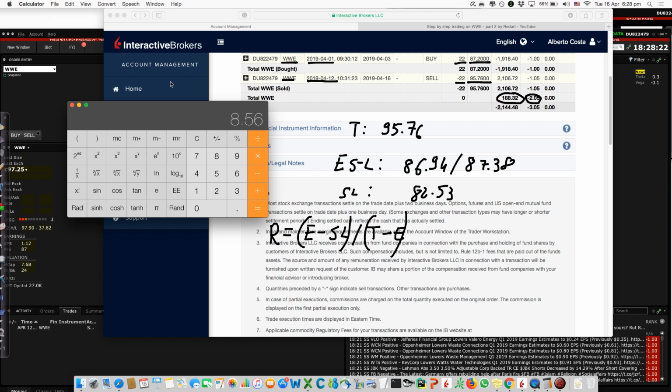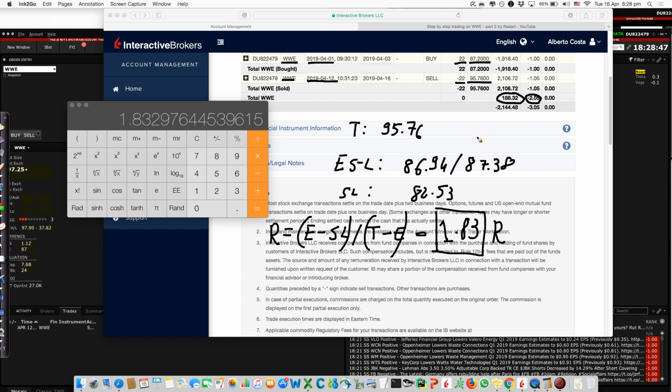Well, 87.2 minus 82.53. That's right. And so we get around 1.83 R. 1.83 R. Okay.